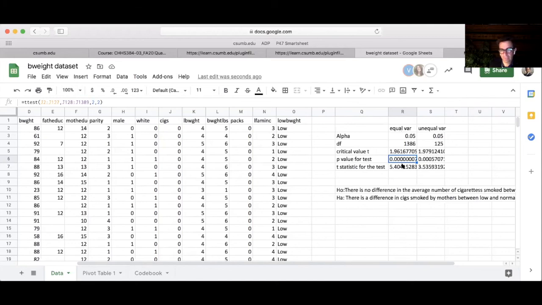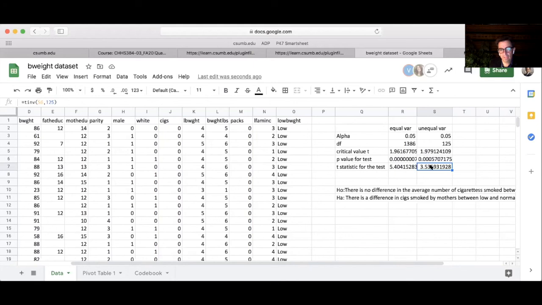That's assuming equal variances. If we assume unequal variances, there is a 0.05% chance that we will get a t of 3.54 if the null was true, right?